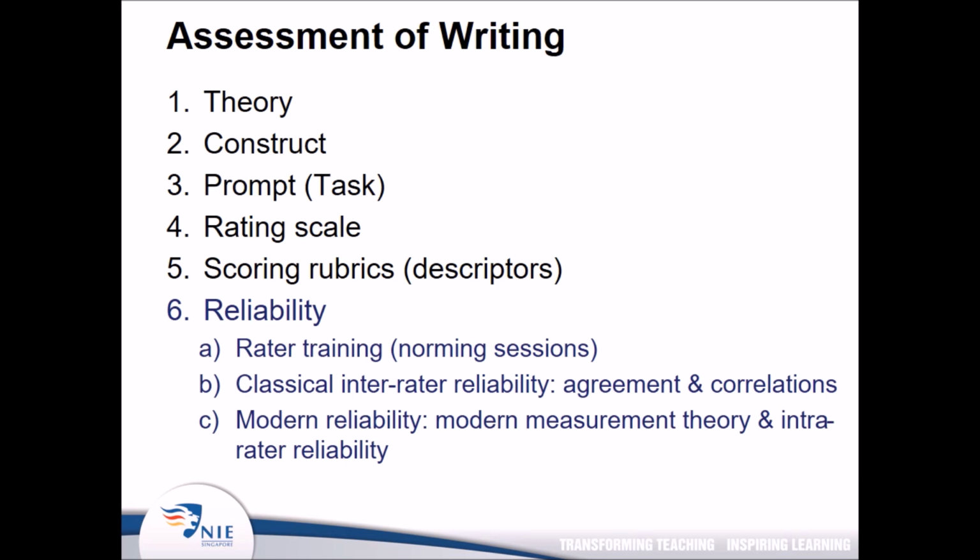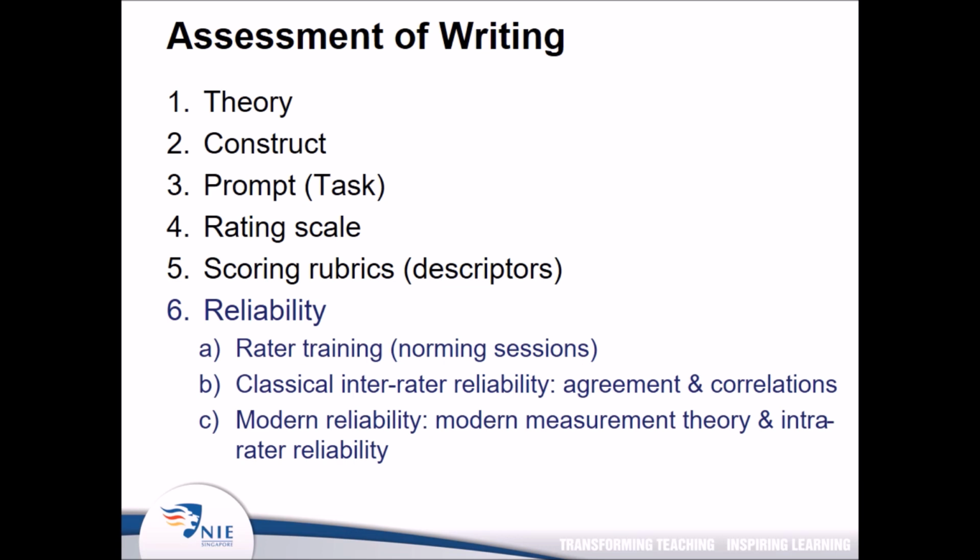That's our adaptation of the theory and customization of the theoretical frameworks in the context of assessment, in our context of assessment. And number 3 is, based on these 2, we need to develop a prompt or a task. Therefore, the prompt or a task that is developed is actually a representation of the construct or a theory.